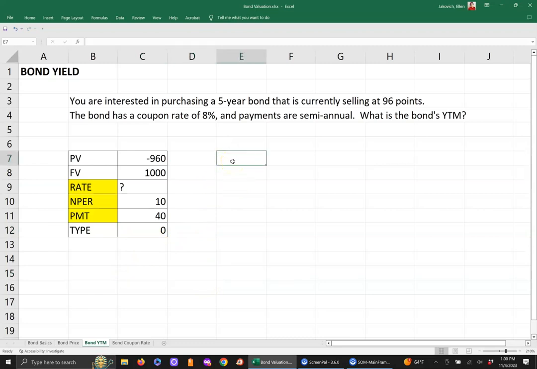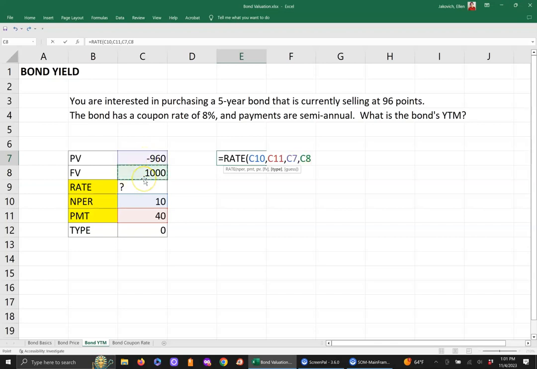And in Excel, whatever you're solving for, you put equals and then you type that. Rate. And then open parenthesis, and Excel tells you what to type in next. So this is N per, number of periods. I'm going to click on that and hit comma. Next is payment. I'll click on that, comma. Present value is next. Click on it, comma.